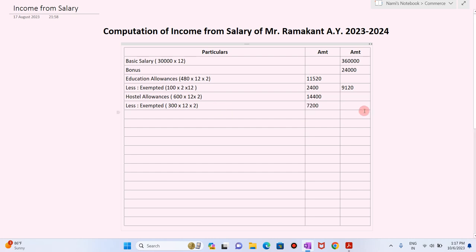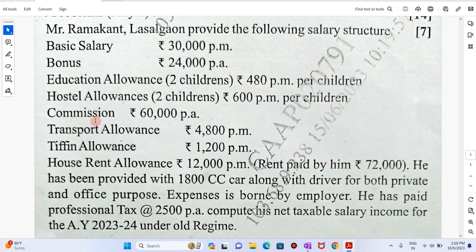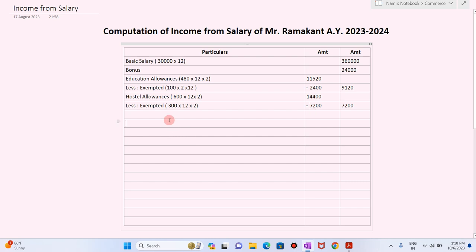So less in outer column, 7,200 is the answer. After hostel allowances, commission. Commission is rupees 60,000 per annum. Commission rupees 60,000.